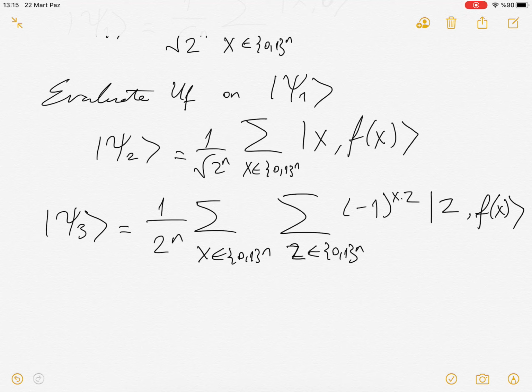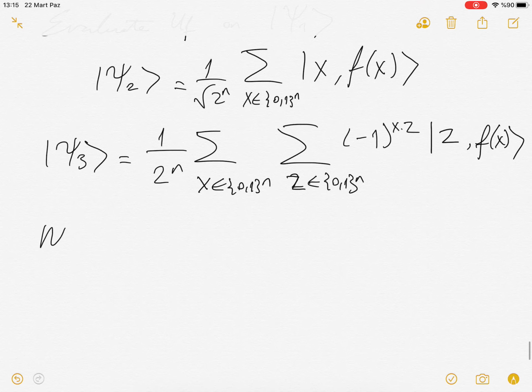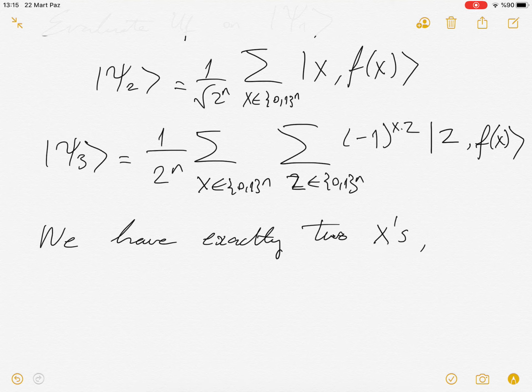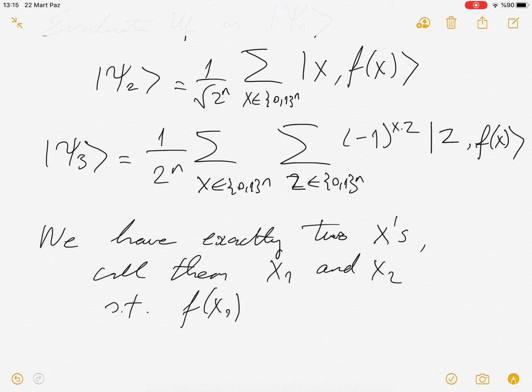All right. So since the function f is 2 to 1, we have exactly two x's. Let's call them x1 and x2. So these are n-bit strings such that f of x1 equals f of x2.